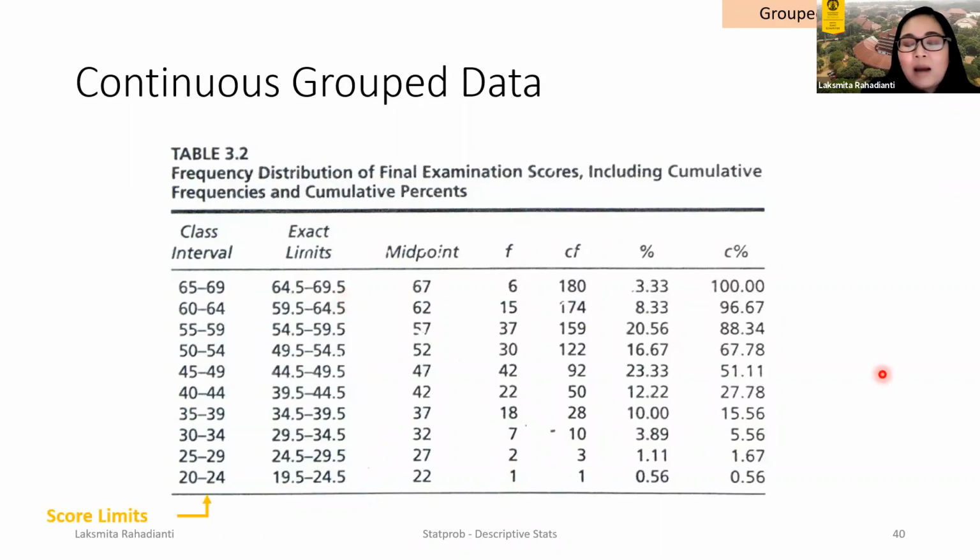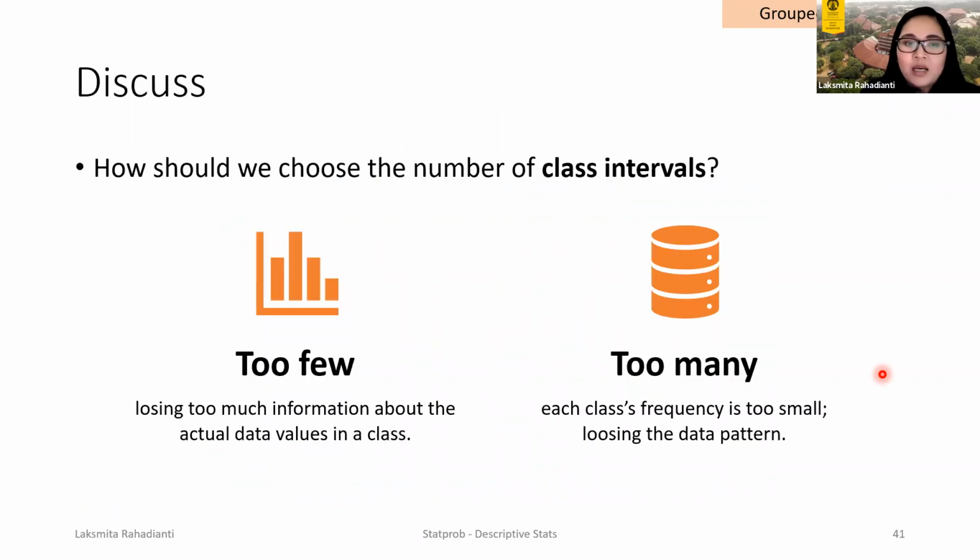Okay. So up until now, we have divided the class intervals seemingly arbitrarily. But how many class intervals are actually needed? If you have too few, then you would have really large intervals and you lose a lot of specific information about the actual data in the class.